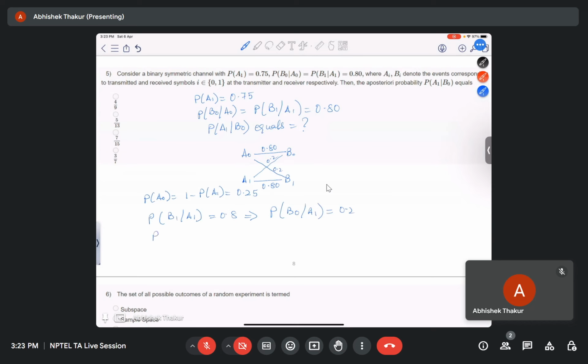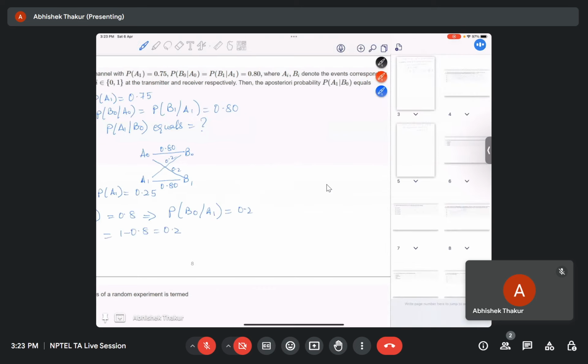Similarly, probability of B1 given that A naught has occurred is also 1 minus 0.8, that is 0.2. Now we will use Bayes theorem to solve this question.